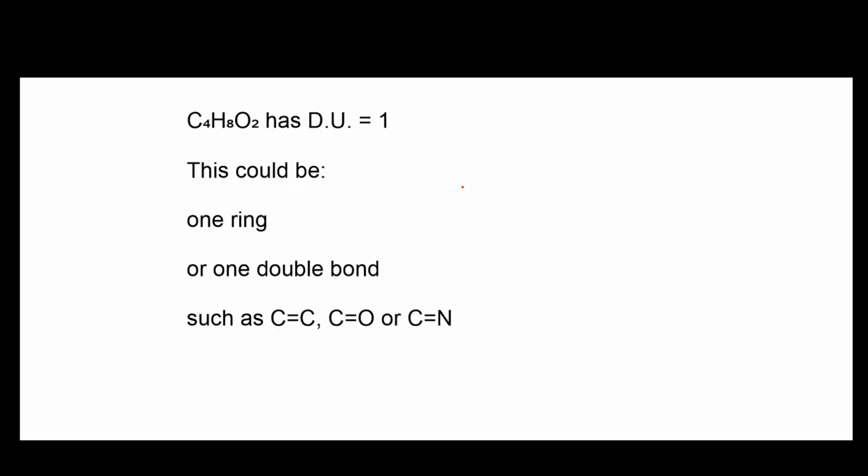A DU does not automatically mean carbonyl. It could be a ring or a double bond. But because the formula contains 2 oxygen atoms, a carbonyl-containing compound such as ester or carboxylic acid becomes possible. For your information, we are referring to the C=O double bond as the carbonyl group.